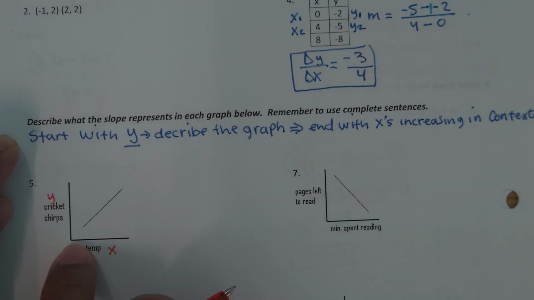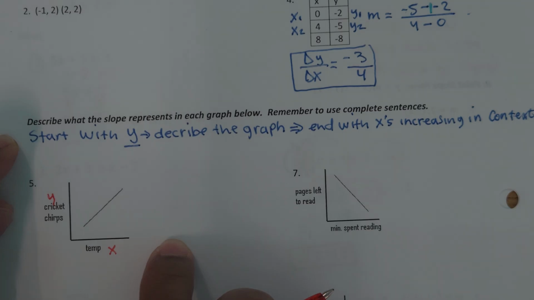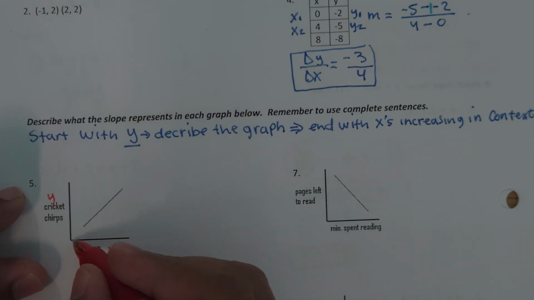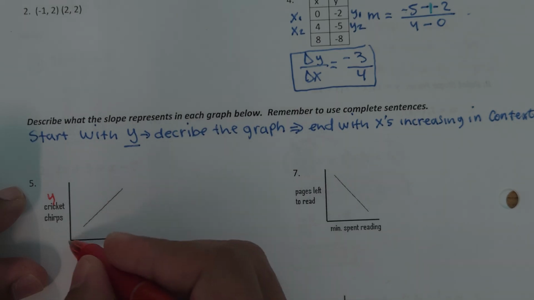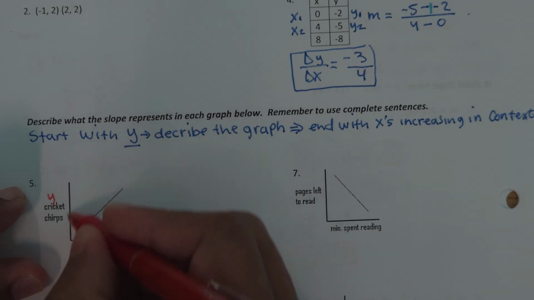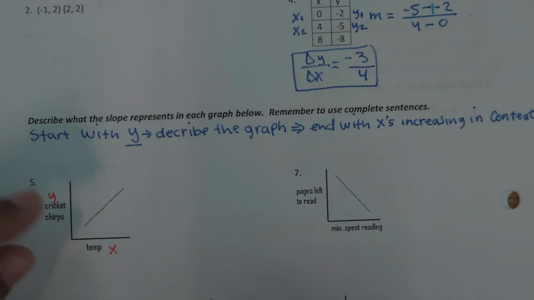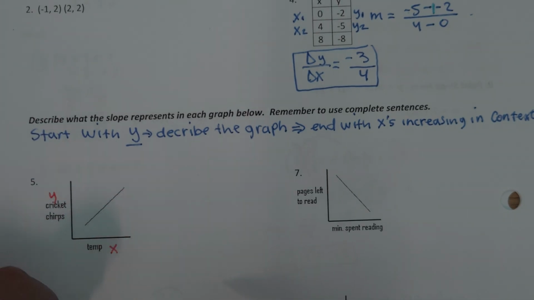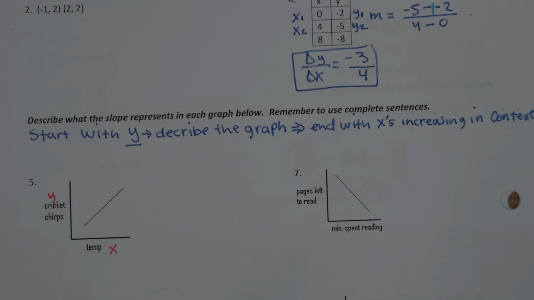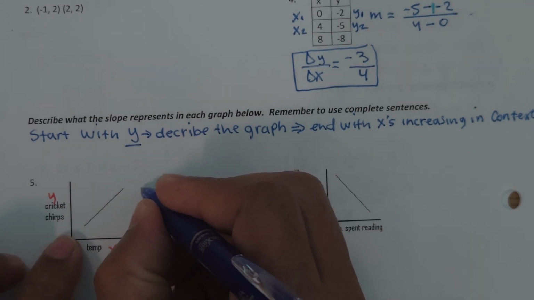Notice x increases as it goes to the right. The x values increase as this goes to the right of the origin, and the y values also increase as we go up. So we have to look at what the graph is saying.